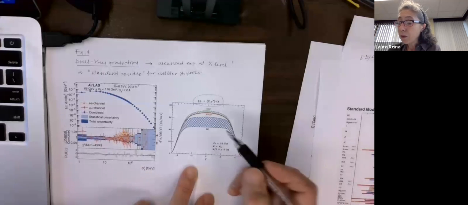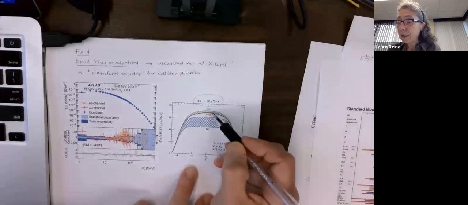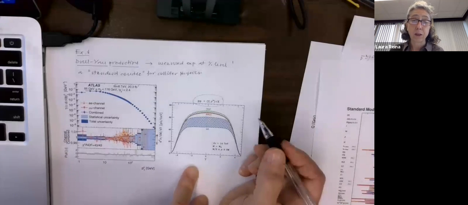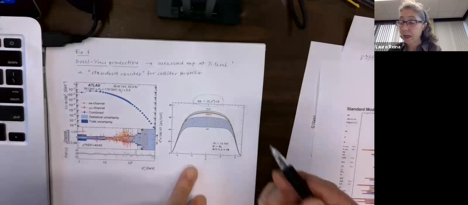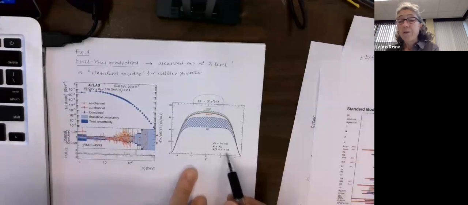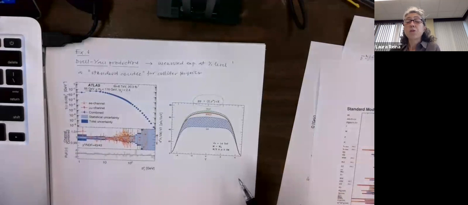So when you look at the LO, the bands here are obtained by varying the factorization and the normalization scale. Now, they're varied, as you see here, by a factor of 2. This is totally conventional, but it's just to give you the idea.